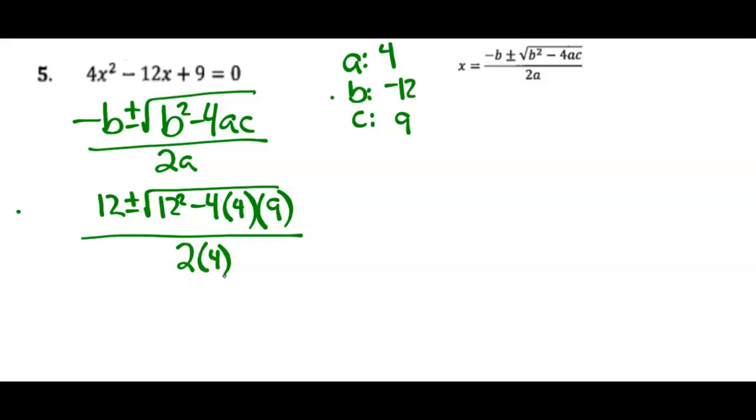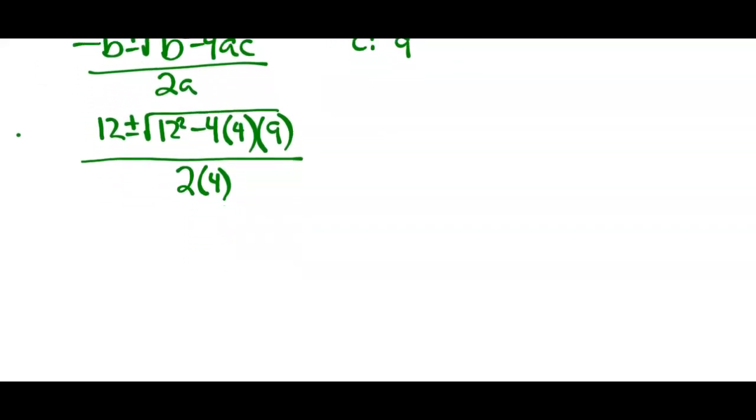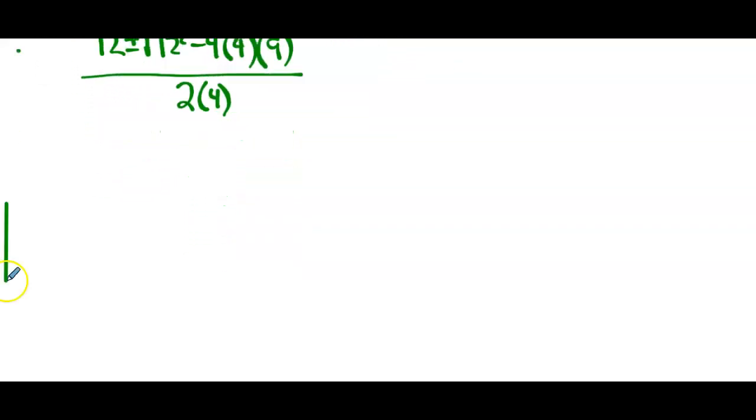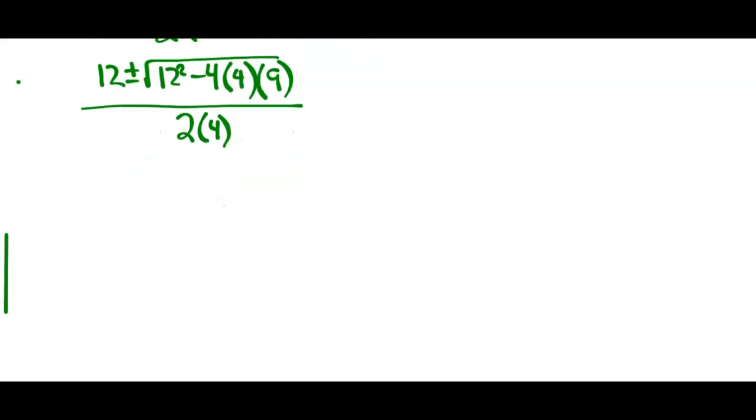Okay, and then I need to continue on this. I need to use good order of operations so that I am doing my math well. I need to not lose my plus or minus sign. I need to keep my square root sign in there.